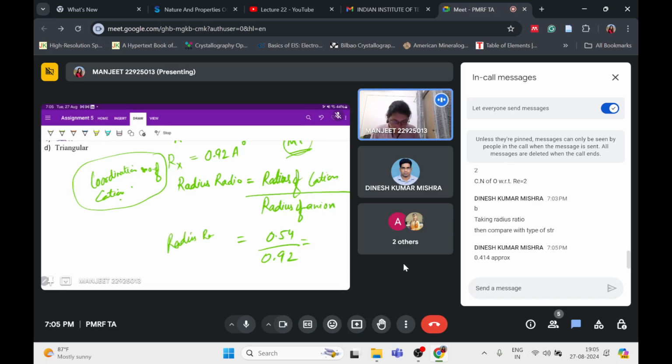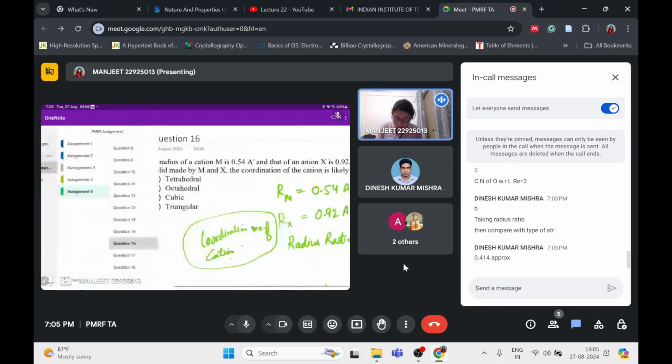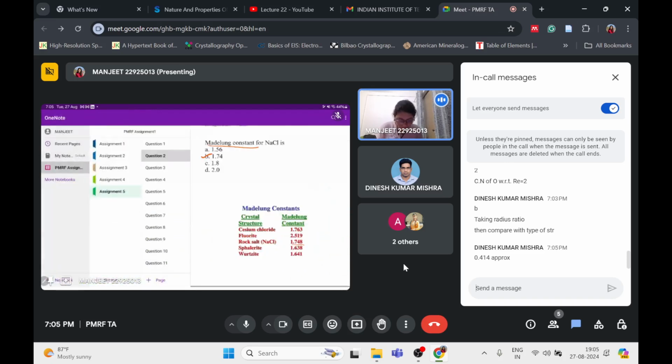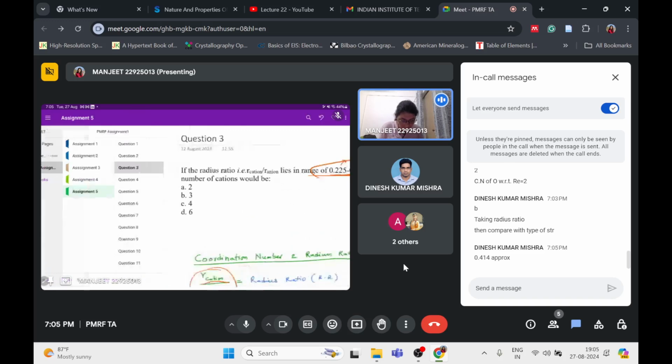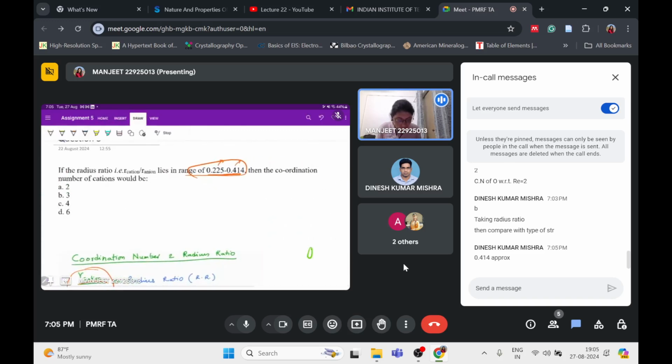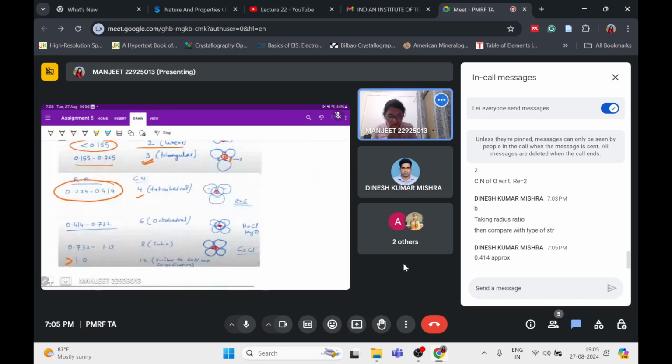Because we have already discussed the range for the coordination numbers, we are getting around 0.414 approximately. So this atom is lying in this range.